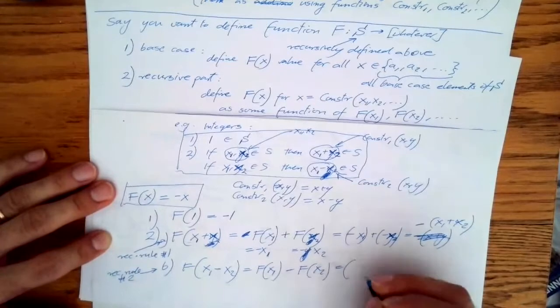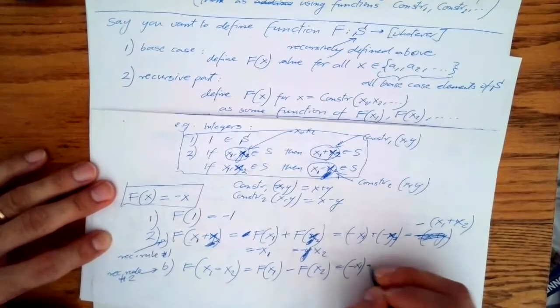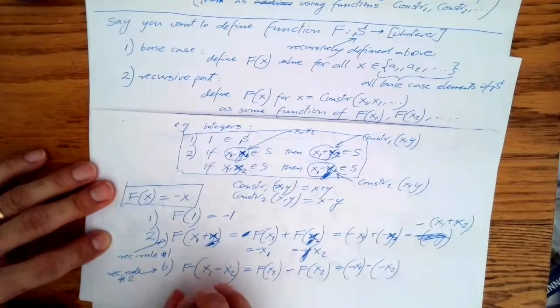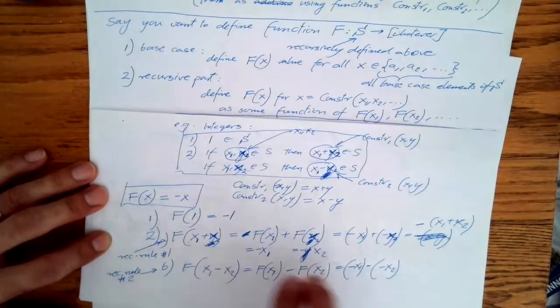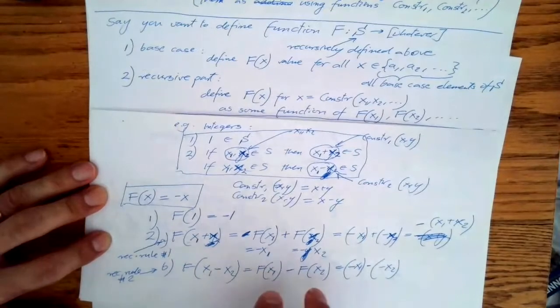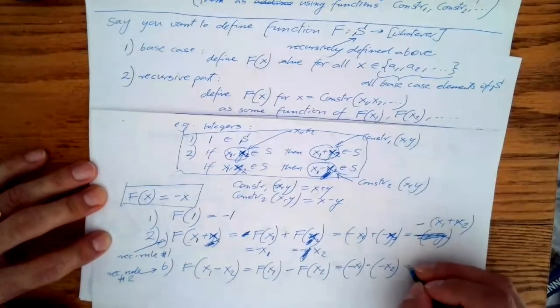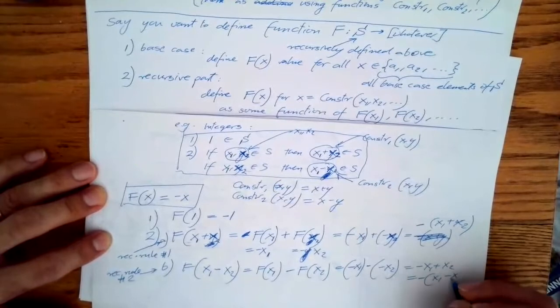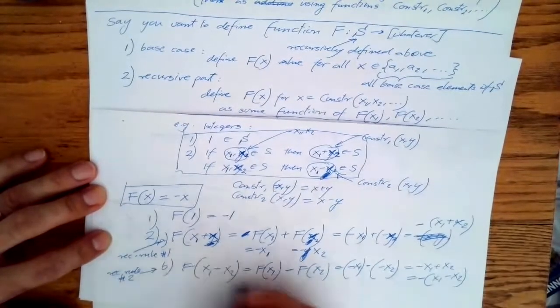Let's check. This is minus x1 minus x2, right? Because I'm assuming that the function was successful on all the arguments of this construction. The construction is x1 minus x2, okay? So let's see, what is this? This is minus x1 plus x2, and that is minus x1 minus x2, which is correct.